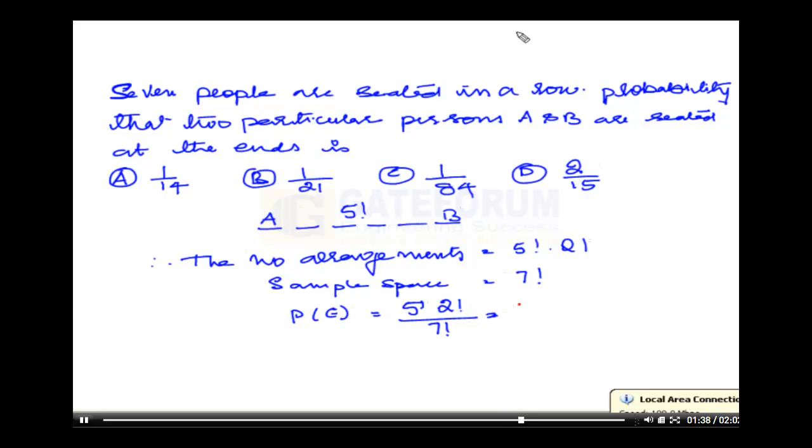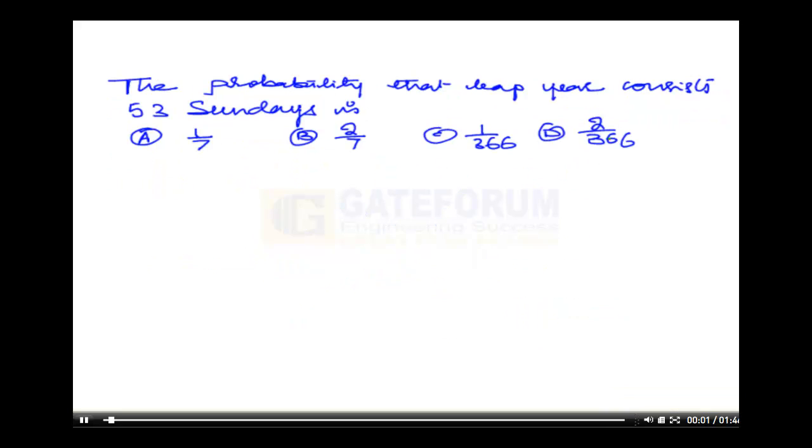So that is equivalent to 5 factorial into 2 factorial by 7, 6, 5 factorial. Cancelling 5 factorial and 5 factorial, this is 2 into 3, so 1 by 21. Hence the answer is B.